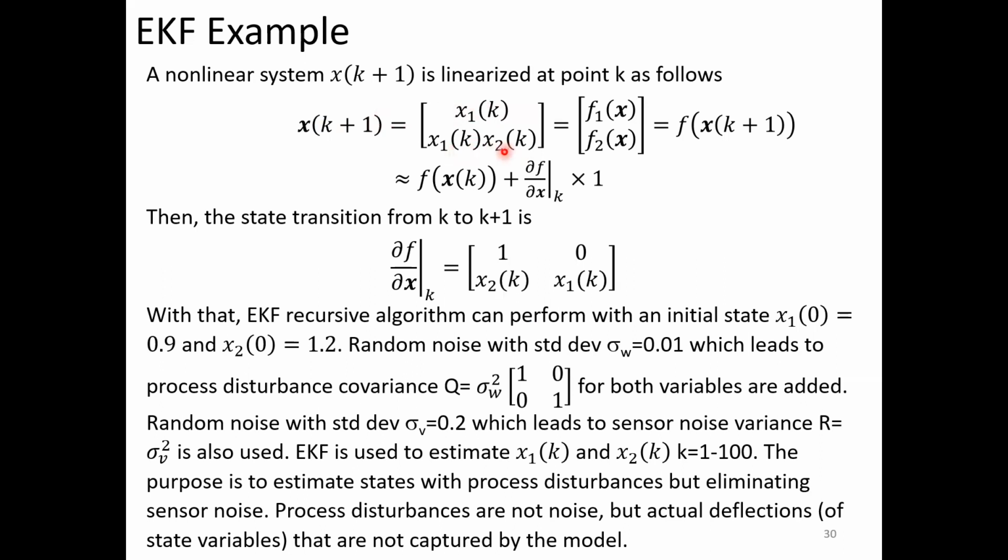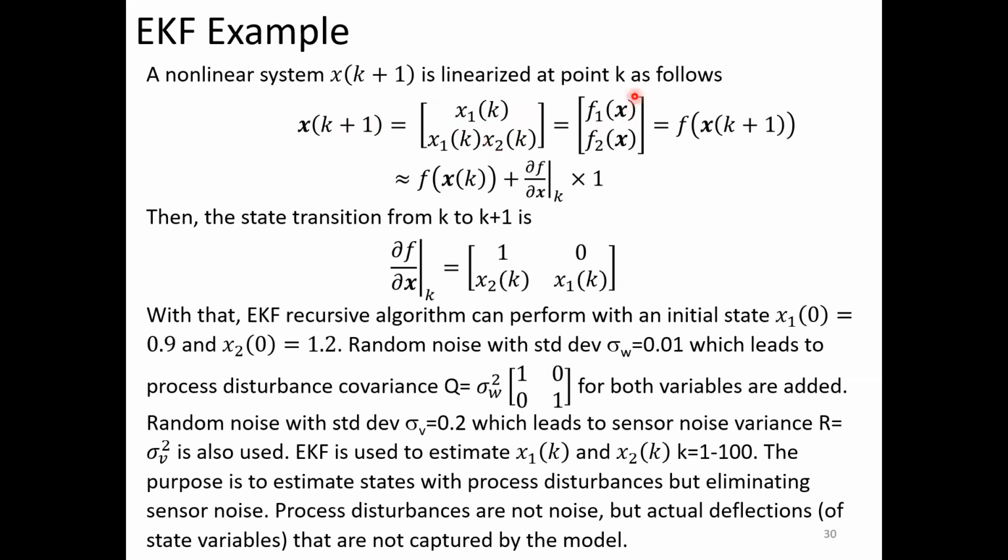But if you look at the other one, x2 k plus 1 is equal to x1k, this one constant value actually, times x2k. So it is going to change. The second state variable is changing in a bit complicated manner.